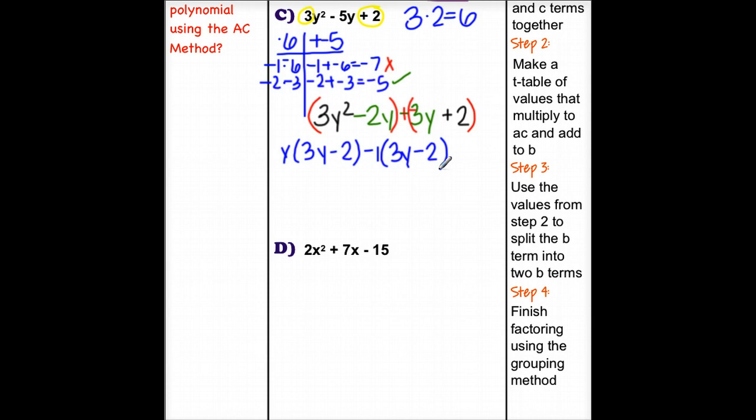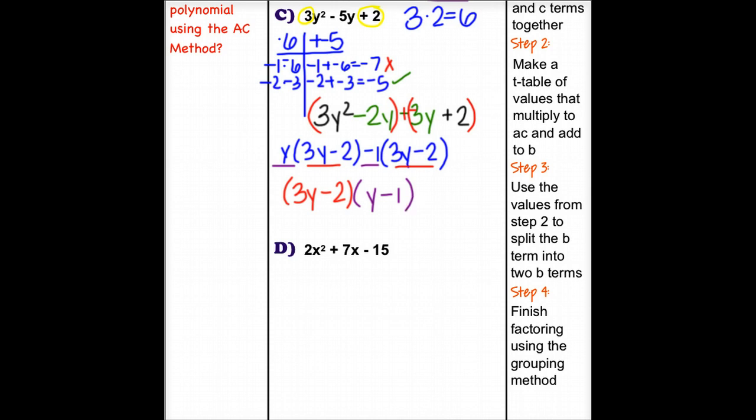And so when I go about this, my binomial I have in common is 3y minus 2. And then what I have on the outside that will make our other binomial is y minus 1, giving me a final solution of 3y minus 2 times y minus 1.